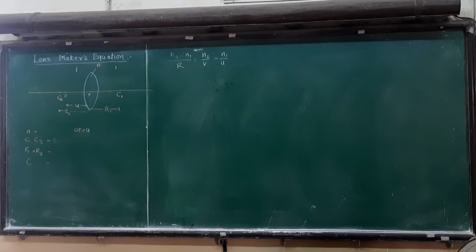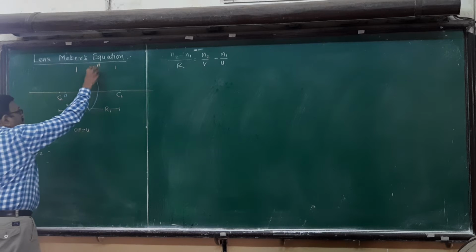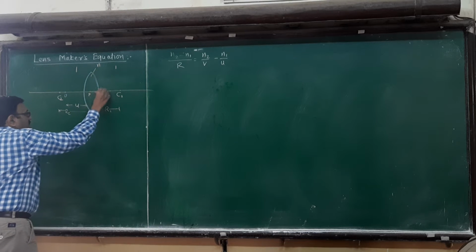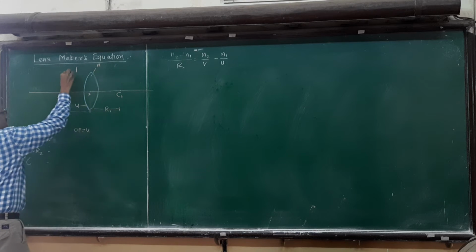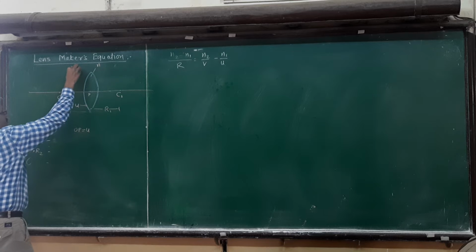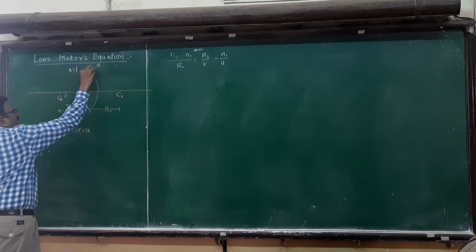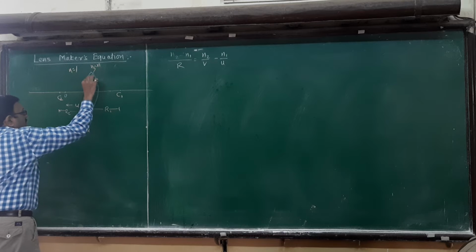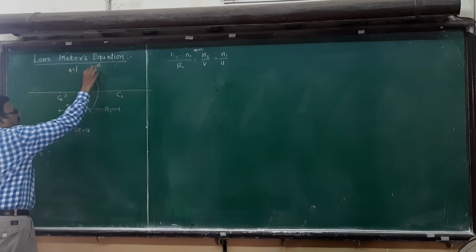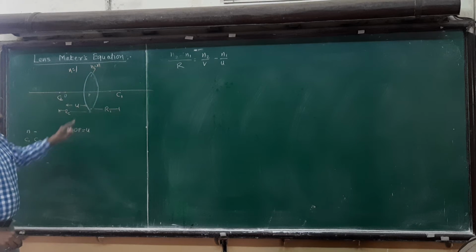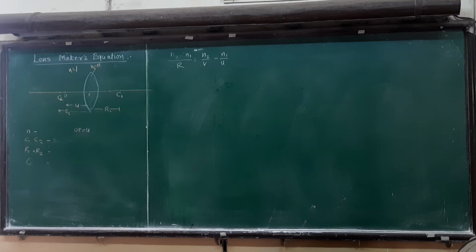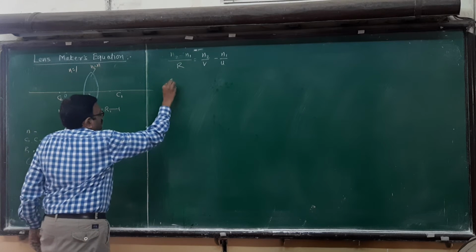Now we discuss only the first curved surface. If only one curved surface is present, N1 is the refractive index of the first medium, and N2 is equal to N, the refractive index of the glass. Now we make the equation for the first curved surface.